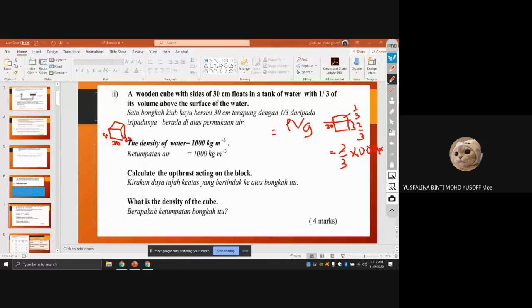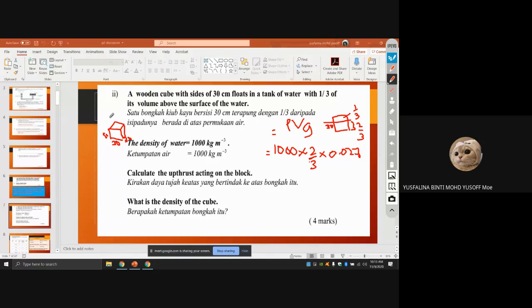Wait, I erase it first, it's not enough space. So 1000, the volume here is 2/3 multiply by 0.027, because only 2 over 3 of the volume is immersed in the liquid.